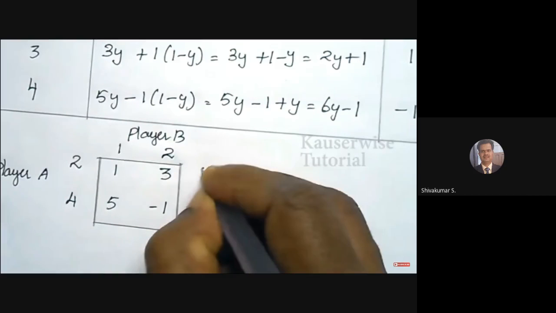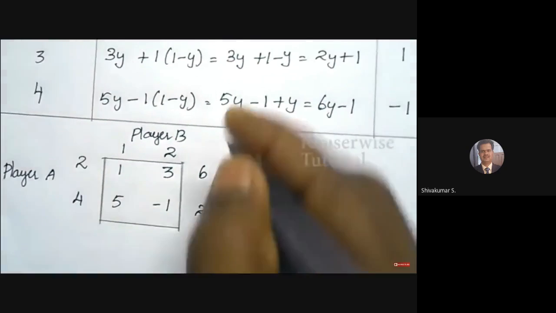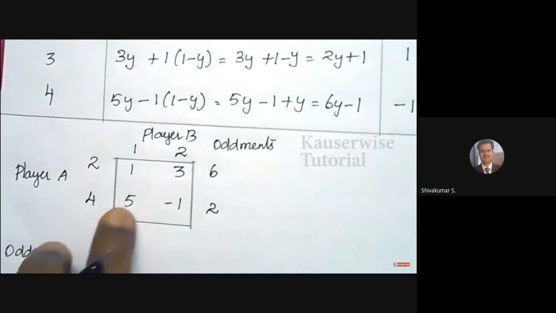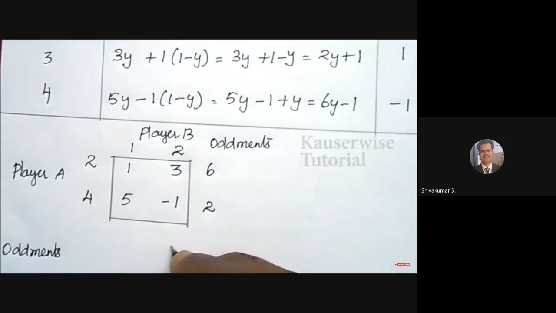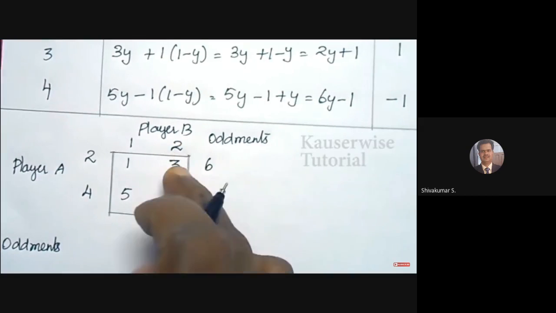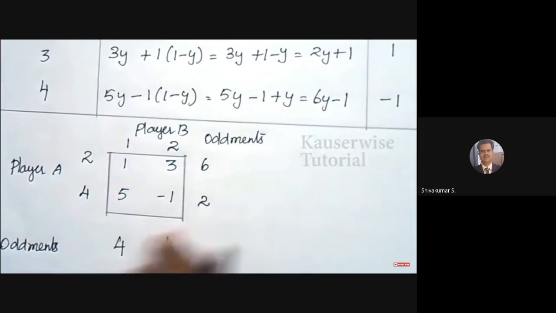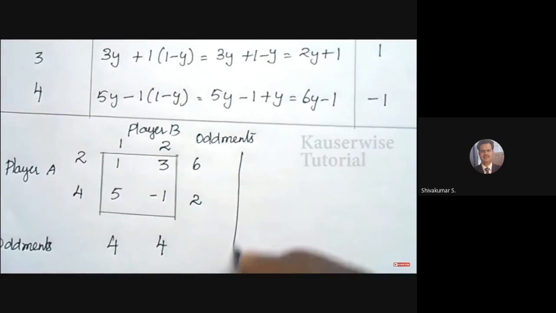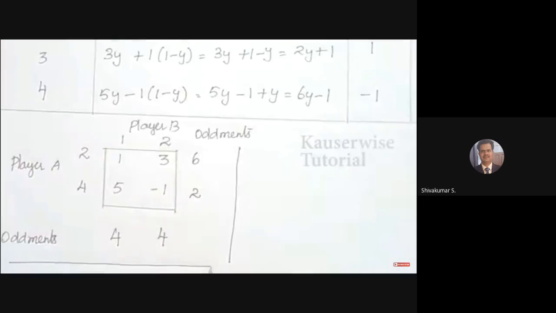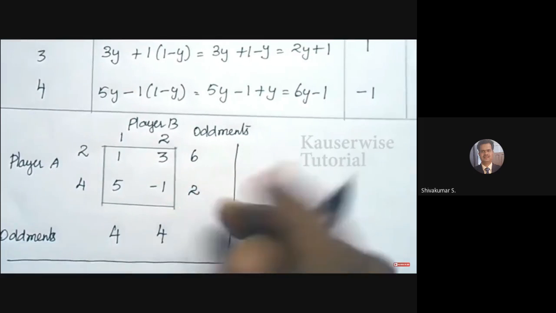Enter against the first row. In the same way, find the oddments for the columns also. In the first column, 5 minus 1 is 4. Enter against the second column. In the second column, 3 minus 1 is equal to 4. These are the oddments. Now find the probability. For the probability, 6 divided by 2 plus 6.